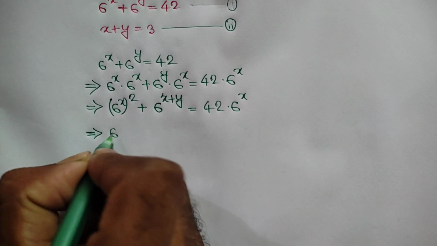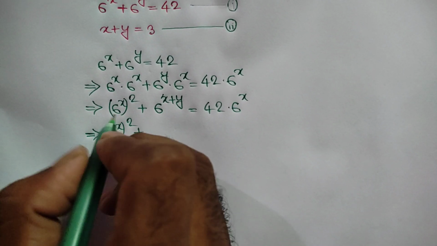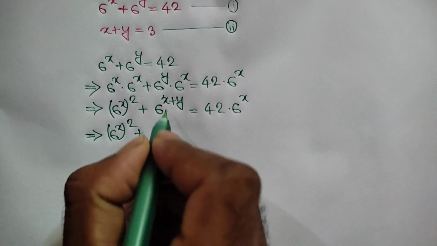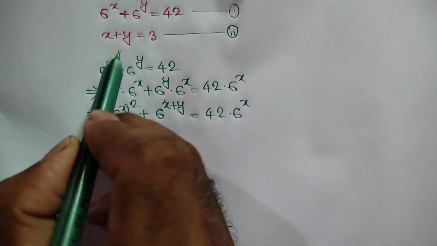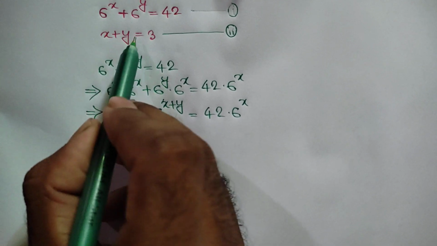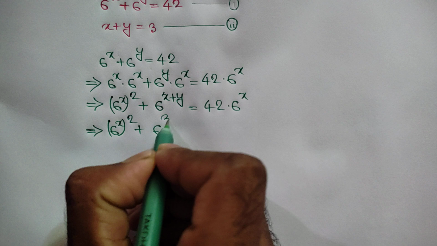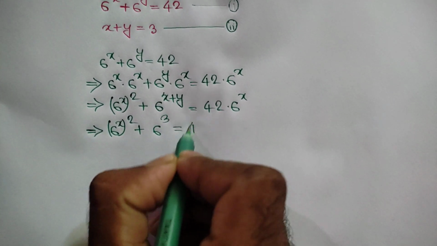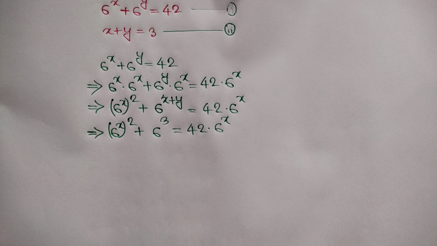Or 6 to the power x whole square plus 6 to the power x plus y. Now attention here, from equation number 2 we know x plus y is equal to 3, so we can write 6 cube is equal to 42 times 6 to the power x.